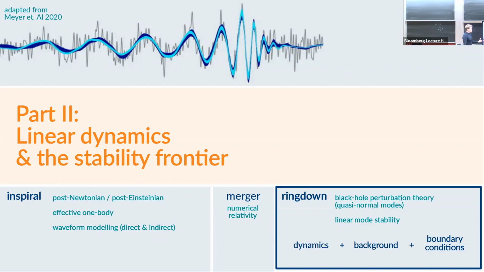Notice that it's not just linear dynamics, there's also the background which matters and the boundary conditions. So there are 3 things that you actually assume in that process. And if you're probing quasi-normal modes at the end of your gravitational wave signal, you're actually probing a combination of these 3 things.